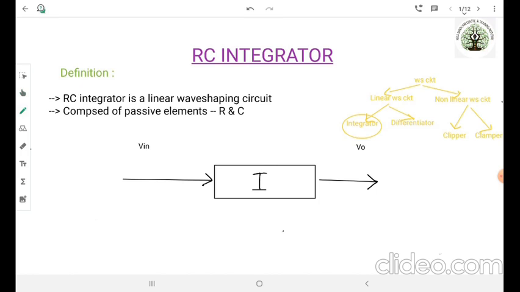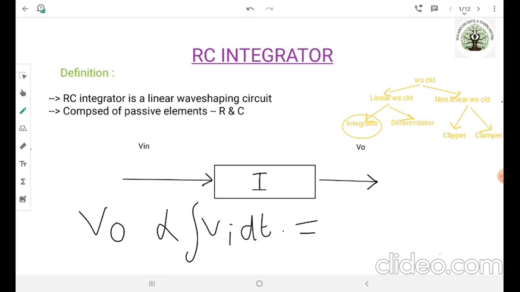If we apply an input signal to an RC integrator circuit, it will generate an output that is proportional to the integral of this input signal. That is the function of this RC integrator. So we can write it as V out is proportional to the integral of the input signal Vi dt.